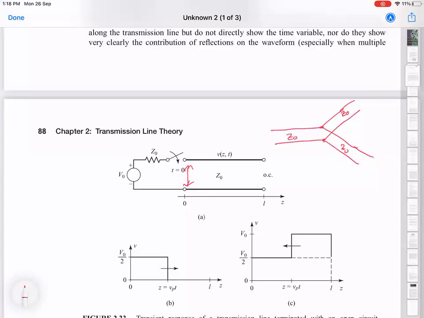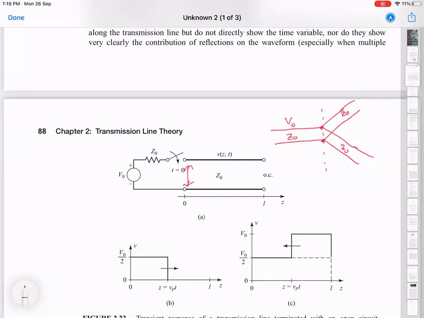And I have some incoming wave coming in with, say, some amplitude V0. What will happen at this junction? These lines are terminated, and I'm not worried about what is happening there. I just want to know what happens when this pulse or this wave first reaches this junction.